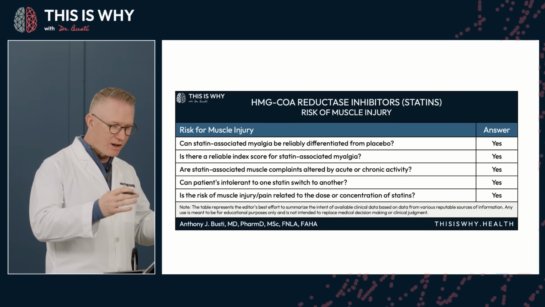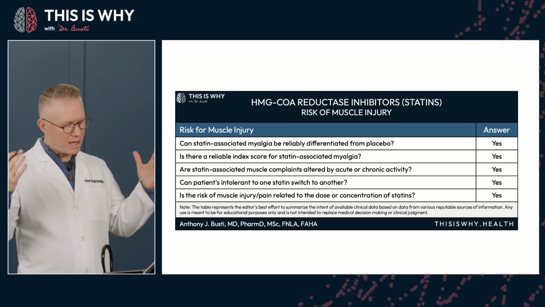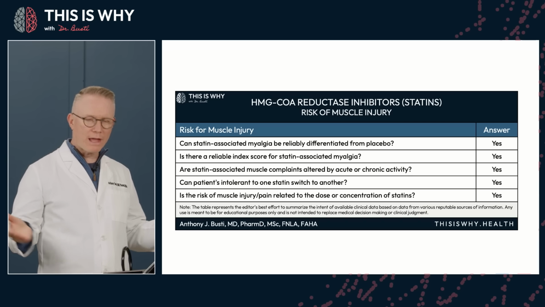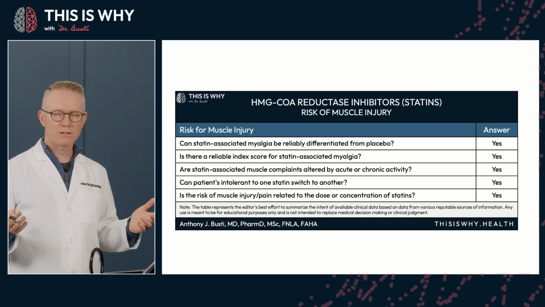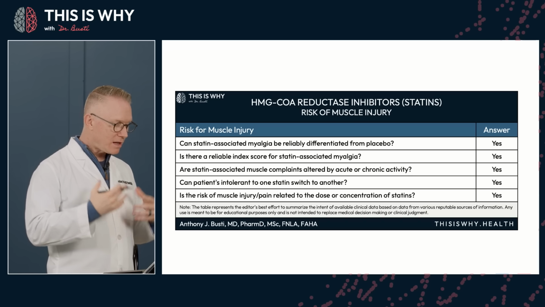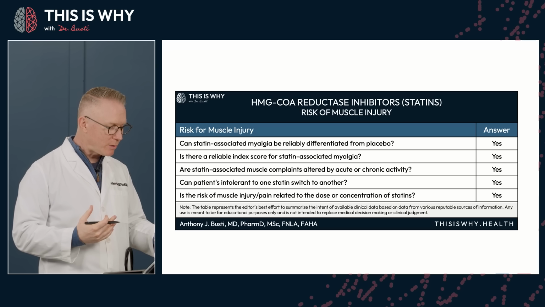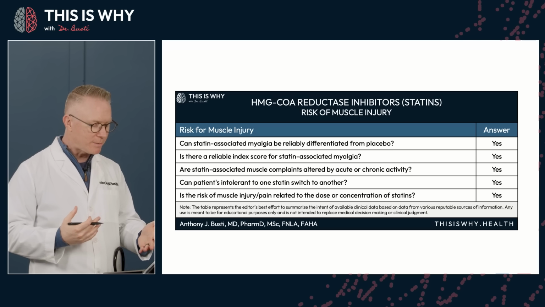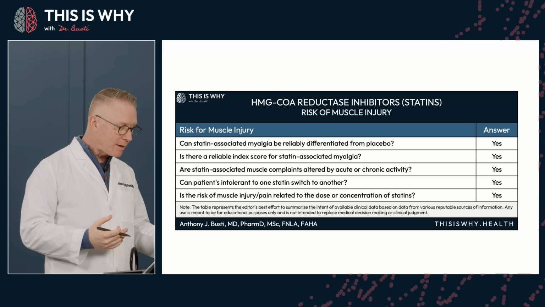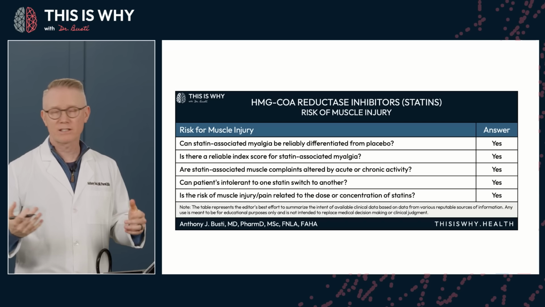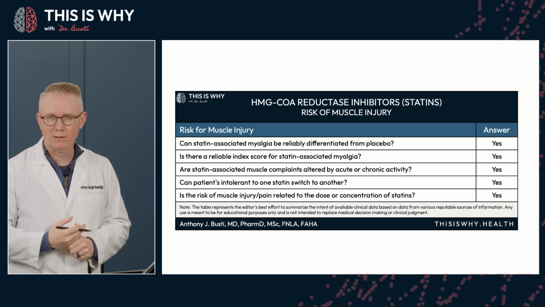And so the NLA and AHA, again, have compiled through the evidence some of these questions that clinicians are trying to answer, like, can statin-associated myalgia be reliably differentiated from placebo? Yes. Is there a reliable score, a test that we can do? Yes, and I'm going to show you that here in a minute.